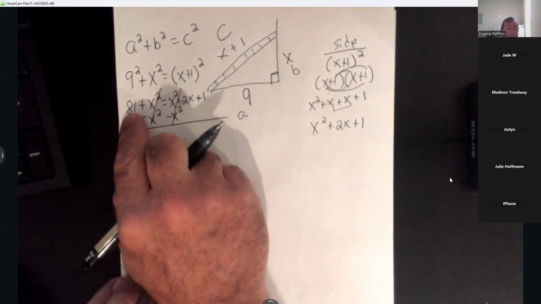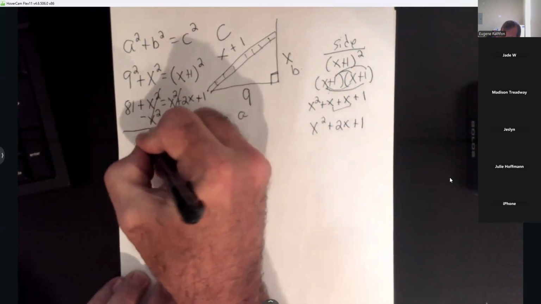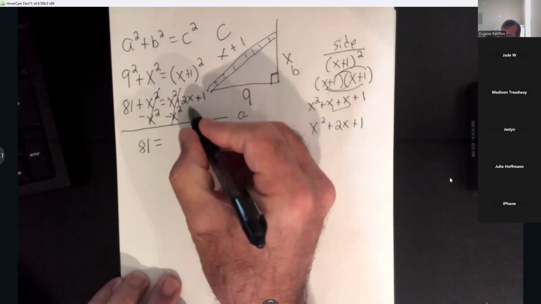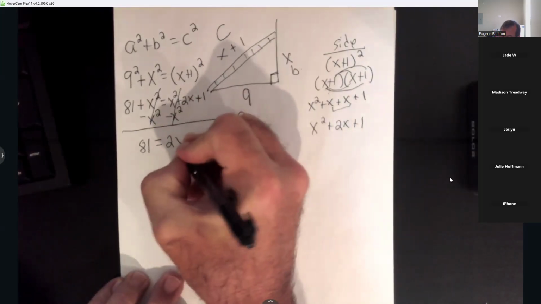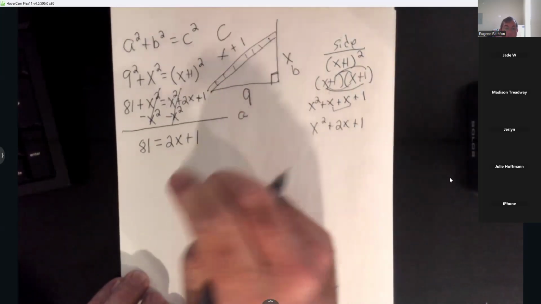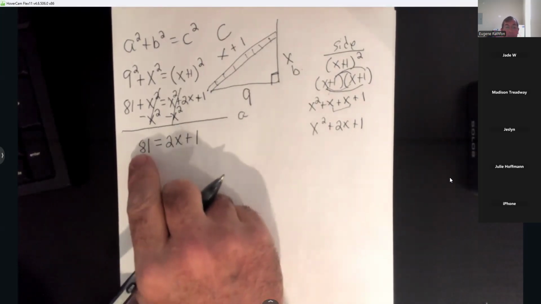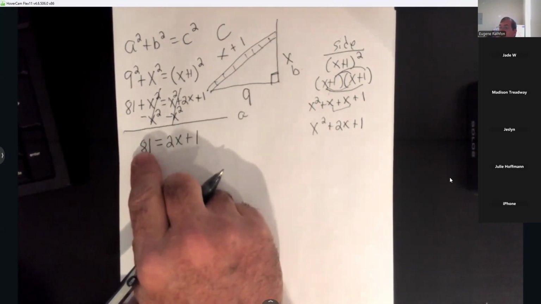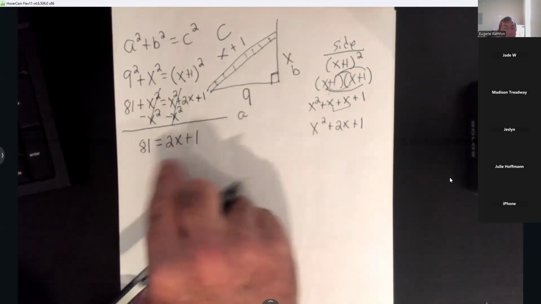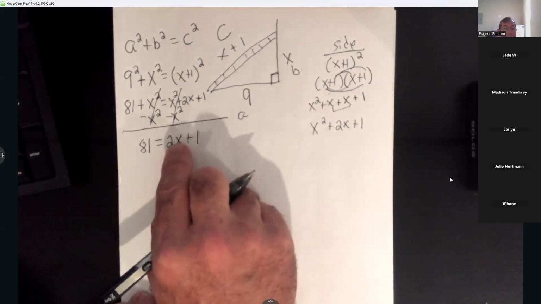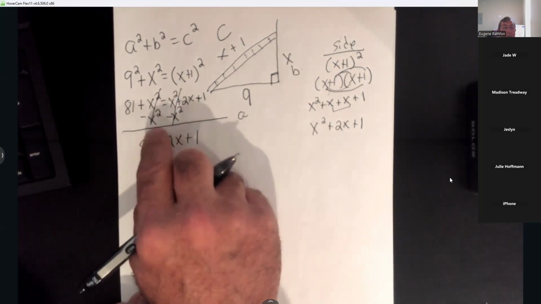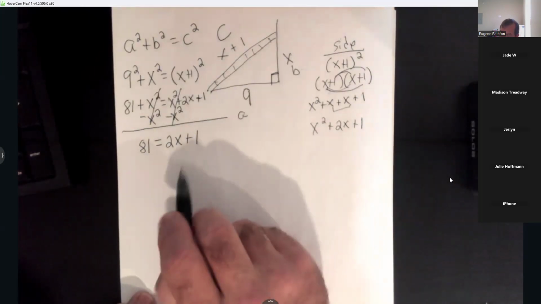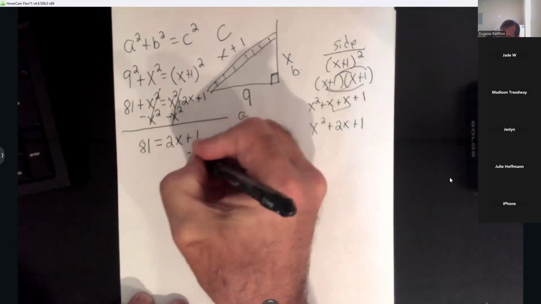So all that's going to be left is our number, 81, equals 2x plus 1. At this point, the only difference is the 81 might be whatever number y'all had, okay? So then we would solve this for just that x. We don't even have the x squareds anymore. They canceled out. So to solve this, we're going to subtract 1.